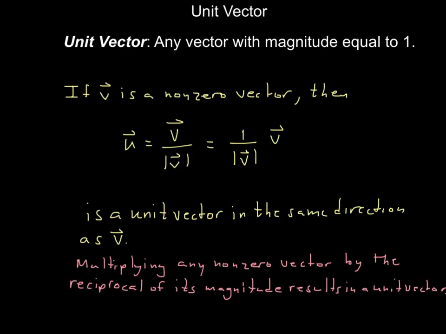The next part of our discussion is really going to what's called a unit vector. A unit vector is any vector with magnitude equal to 1.